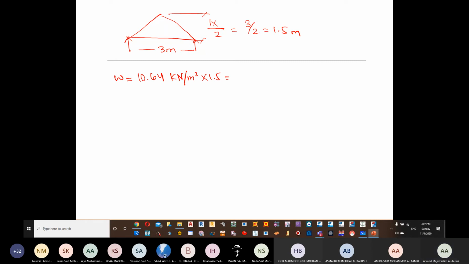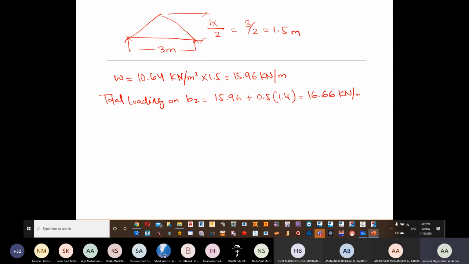That's going to give you 15.96 kilonewton per meter. And once again, the final total loading on beam 2, we are going to have 15.96 plus 0.5 times 1.4, and this is going to give you once again 16.66 kilonewton per meter.